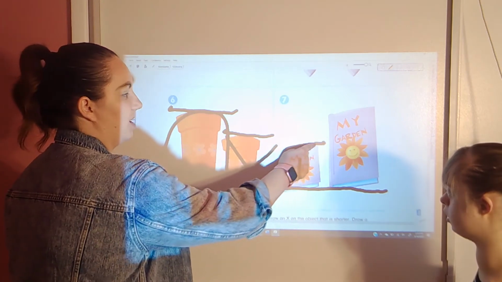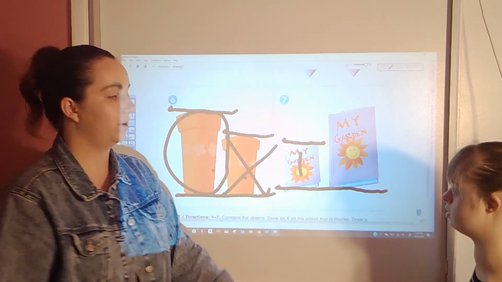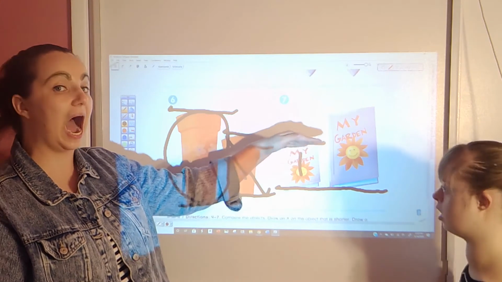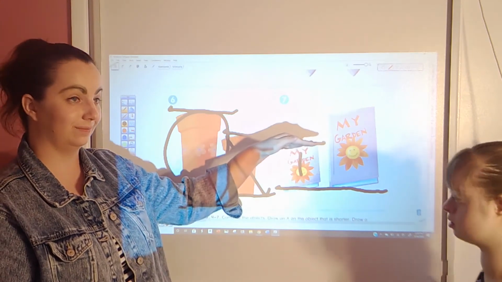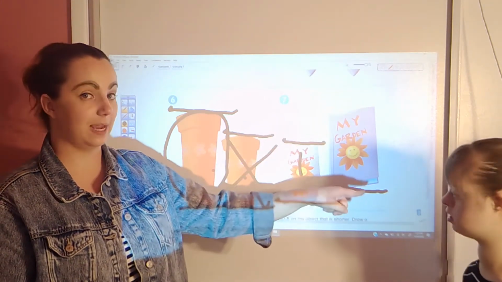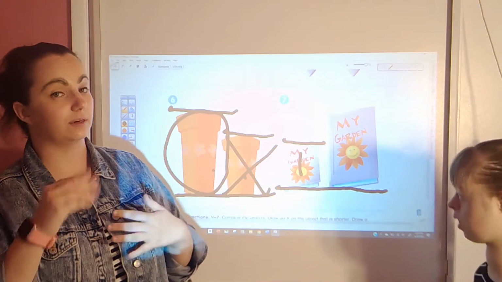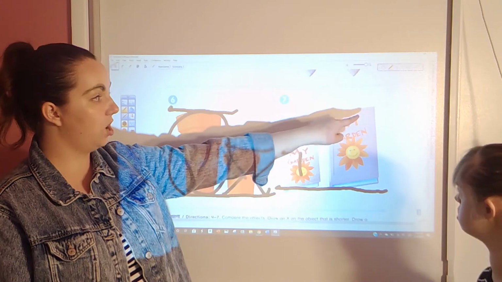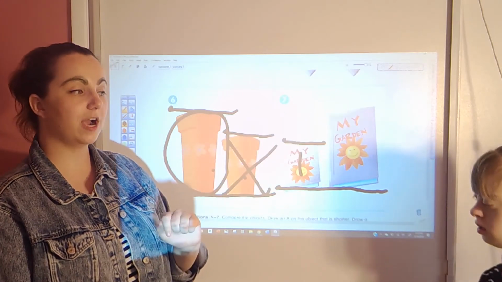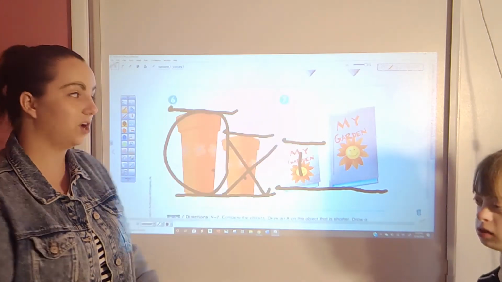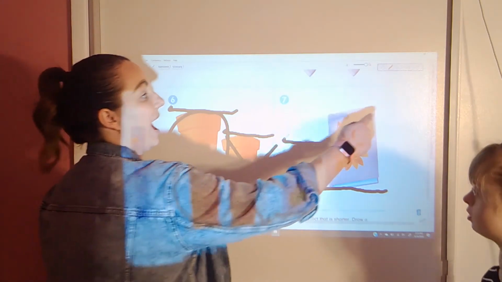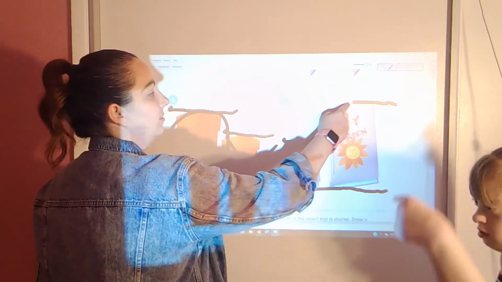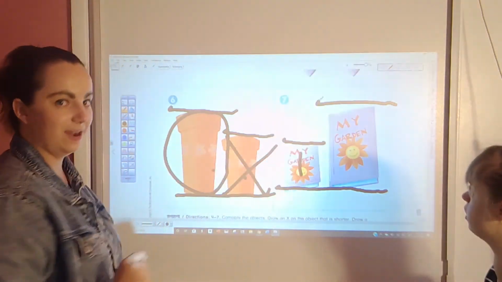I'm going to draw a line along the top part of the book. That's the height of that book. Okay? I'm going to do the same for the other book to help you see it. Start at the bottom, measure up to the top. The most top part, I'm going to draw a line across the top so we can see the height of that book. Nice, about right there.